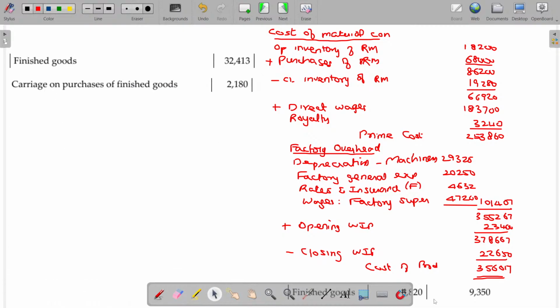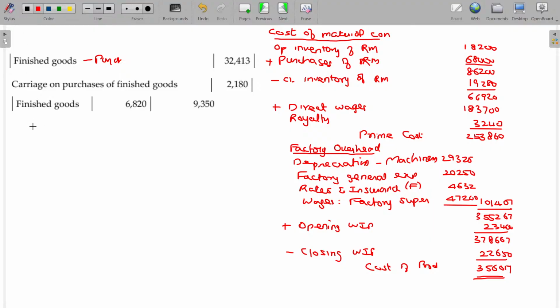Okay. Now this will be the purchases. Start with the income statement, trading section. Okay, under that trading section, we start with the revenue, sales.